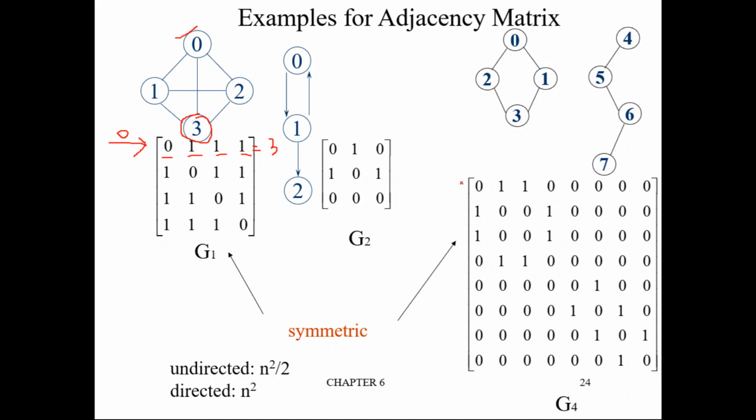Go to the 5th row, counting from 0: 0, 1, 2, 3, 4, 5. All zeros, only 2 ones are there, so the degree of node 5 is 2. This is how we find the degree of a particular vertex from the adjacency matrix of an undirected graph.